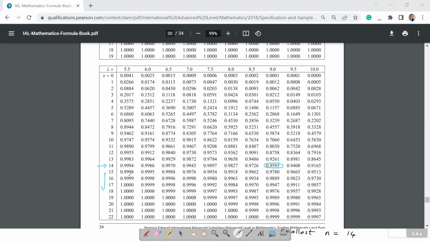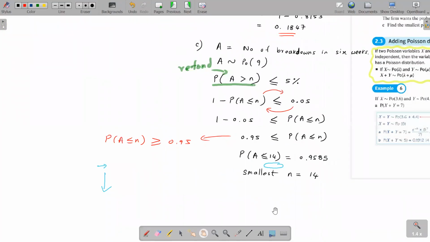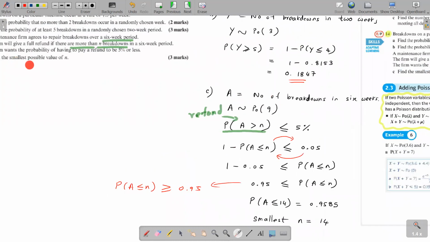The rest of them, 15 and 16, also exceed 0.95, but 14 is the first one that exceeds 0.95. That's it, guys. The smallest n value is 14. The smallest possible value of n is 14.